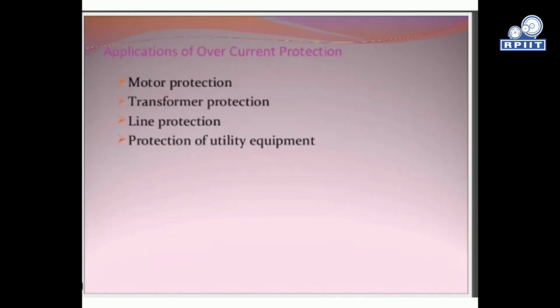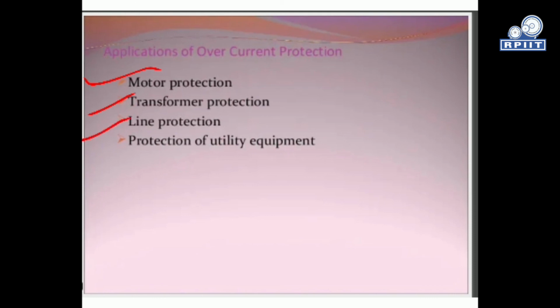Now if we talk about the applications of overcurrent protection, they include motor protection in different kinds of motors, induction motor, synchronous motor, or in a power system generation unit. We apply motor protection using this kind of overcurrent relay. Transformer protection we can do with these overcurrent protection relays.